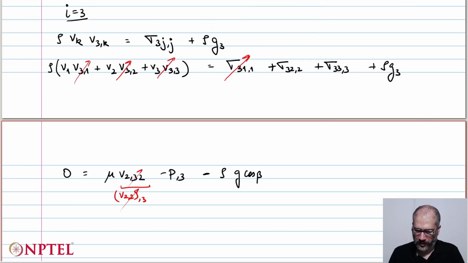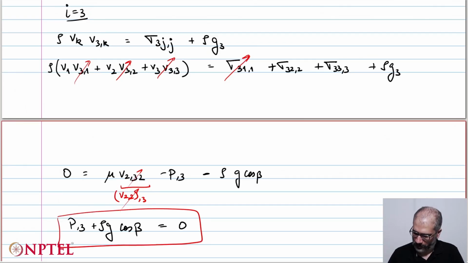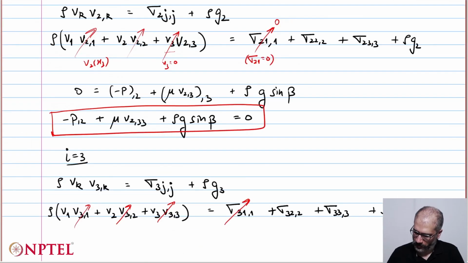So ultimately we are left with an equation where we have p comma 3 plus rho g cos beta is a 0. So we'll put this in a box as well, and I'll label these now. This we'll call C, and the condition we got from the i equal to 2 we'll call B.